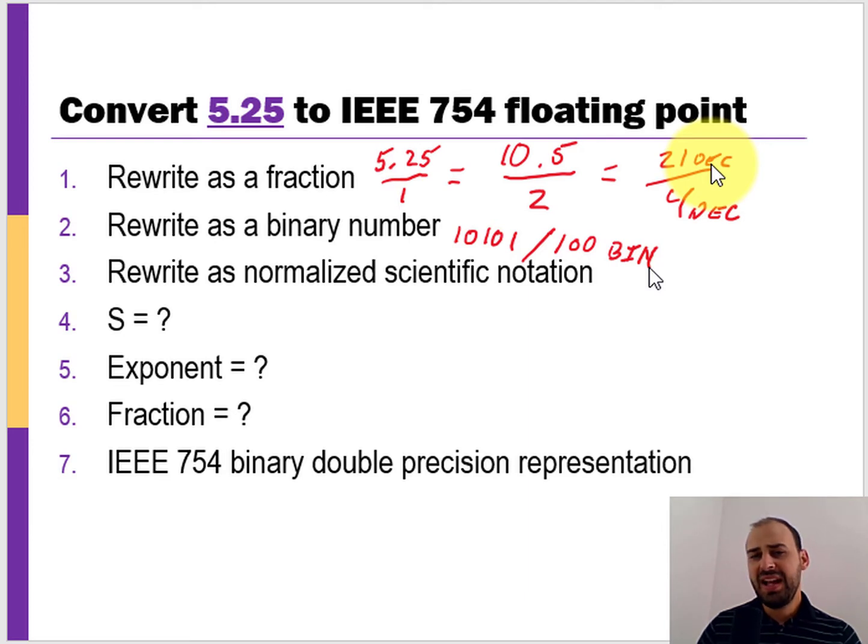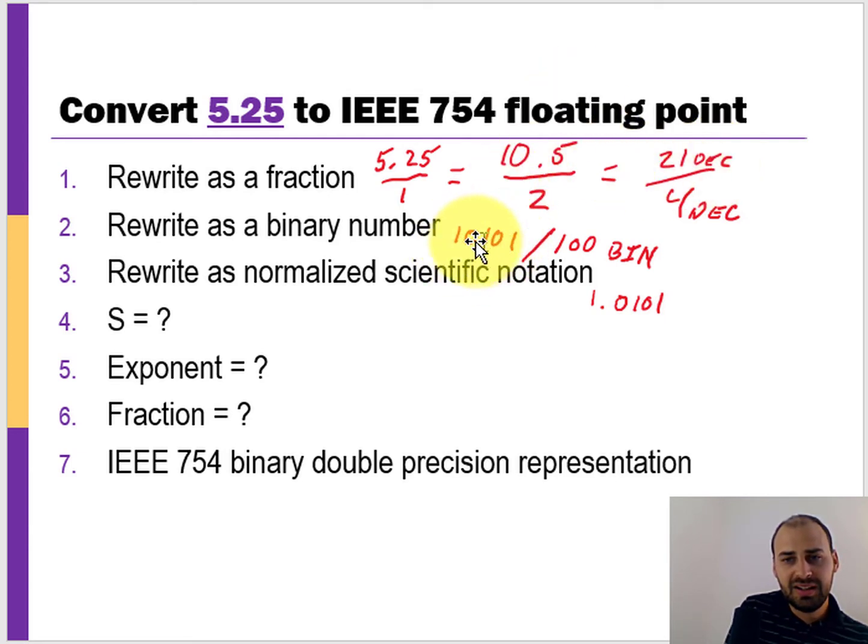The next thing we're going to do is represent that same number in scientific notation, where we're always dealing with powers of 2, because now we're in the binary universe. Since it's scientific notation, we have 1 point, with the rest of the number being the 21 from above.